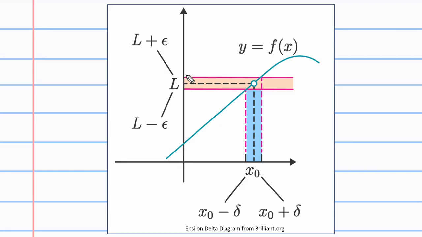So, let me break down what this means. I have zoomed in on a diagram that I found online, from brilliant.org.